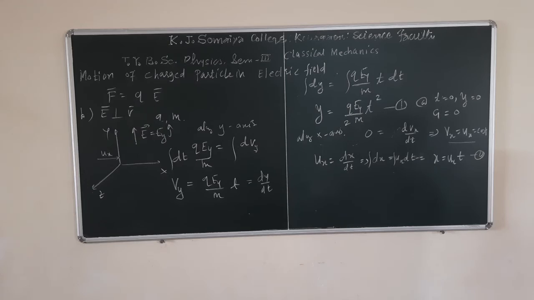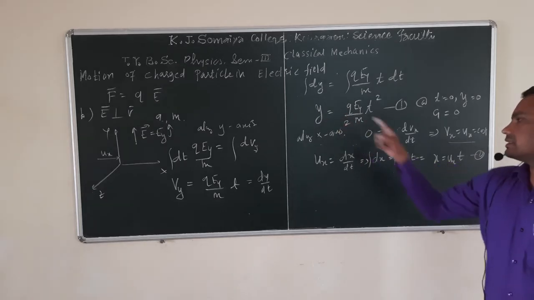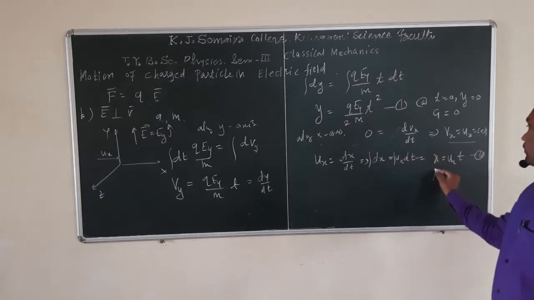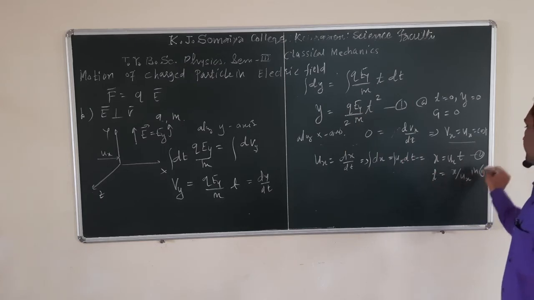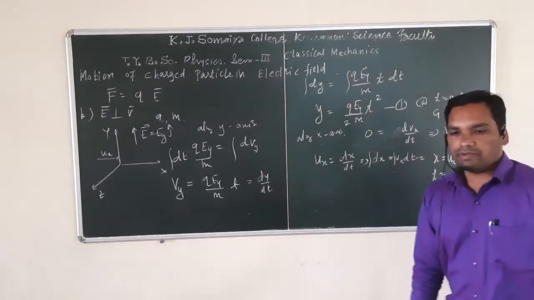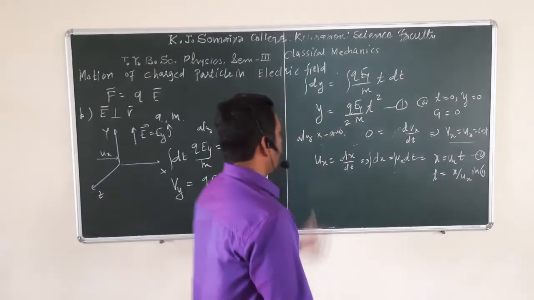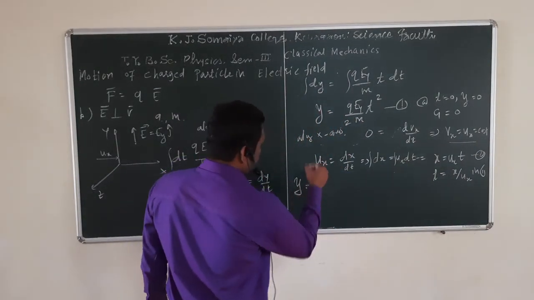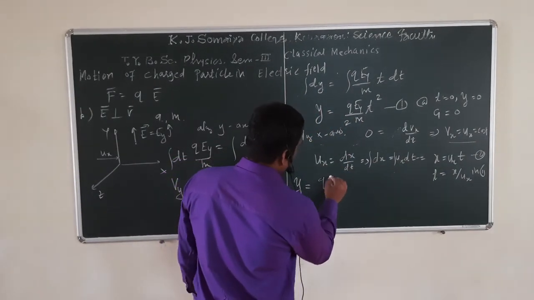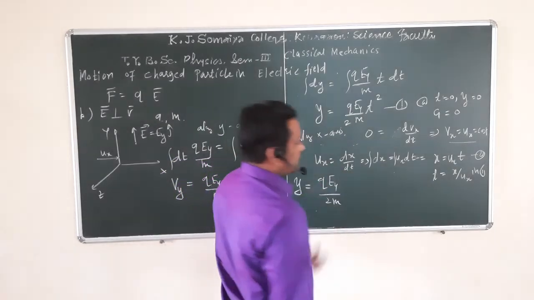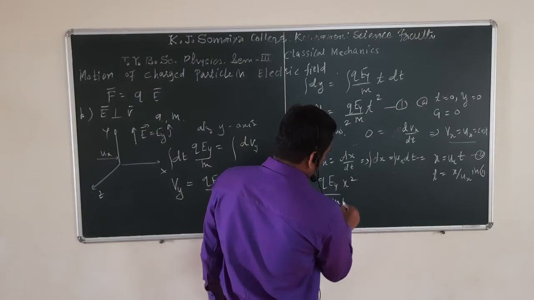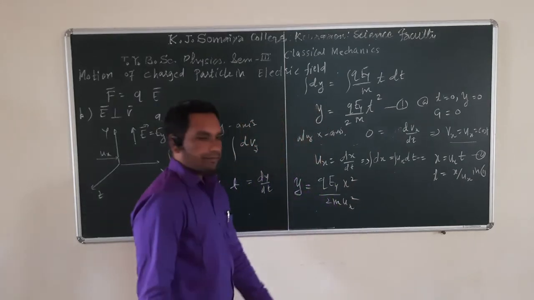Now to find the trajectory of that charged particle, we have to find the equation of x in terms of y. So if you put t is equal to x upon ux in equation 1, what we will get? y is equal to q Ey upon 2m into t square, which is nothing but x square divided by ux square.